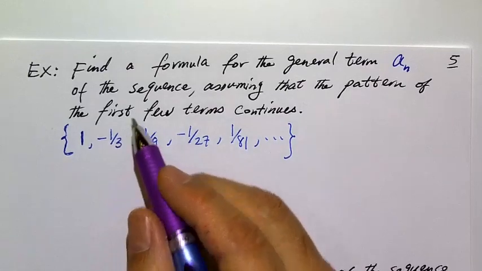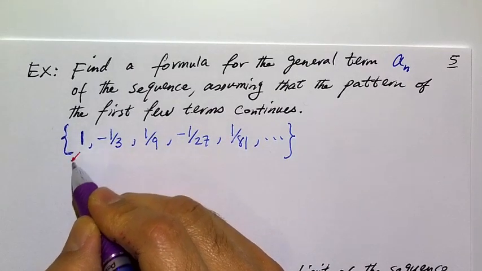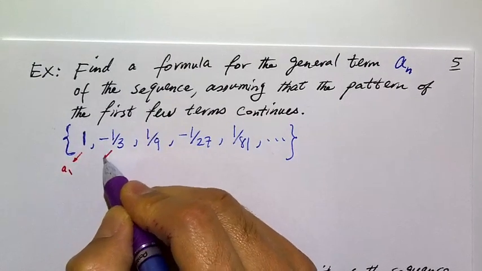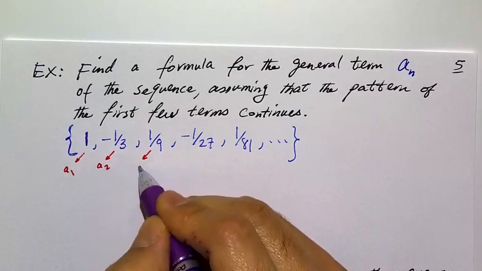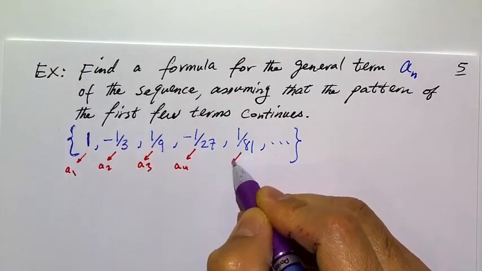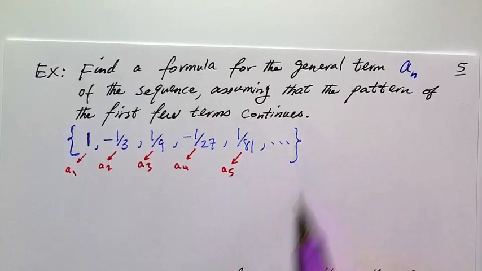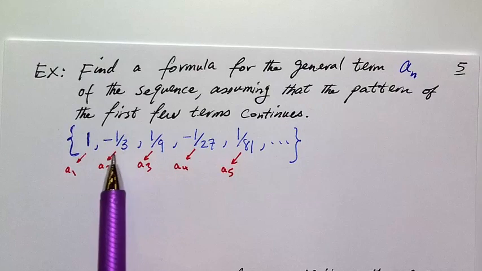Well, we know that this is A1, this is A2, the second term, third term, fourth term, and fifth term. And clearly a couple of patterns emerge right away.